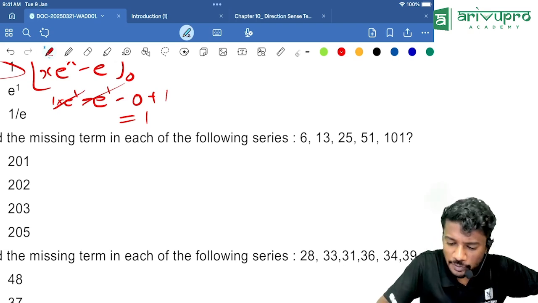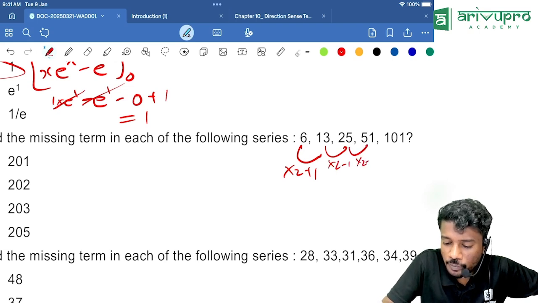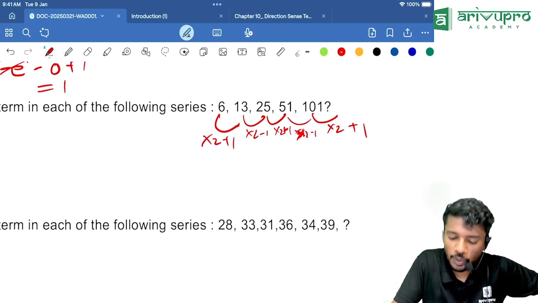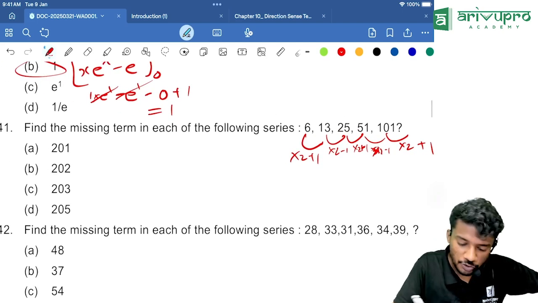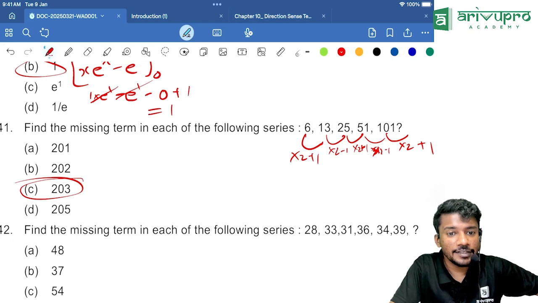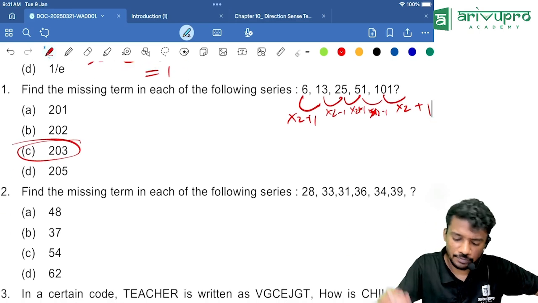Other than that, if you think 6 into 2 plus 1, 13 into 2 minus 1, 25 into 2 plus 1, then 51 into 2 minus 1, then the last one will be into 2 plus 1. How much is it? 20. Got the point? Is that clear? Yes. Next question.